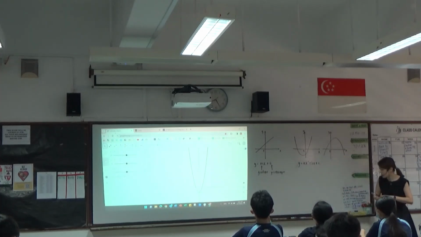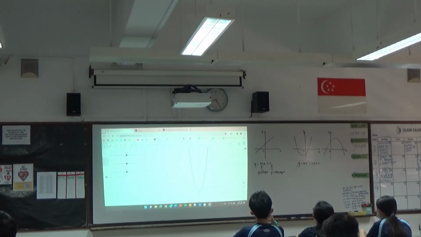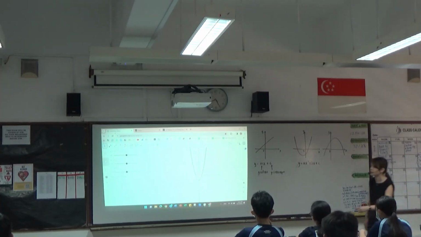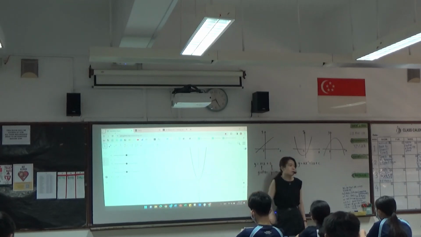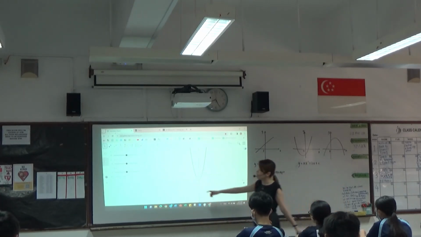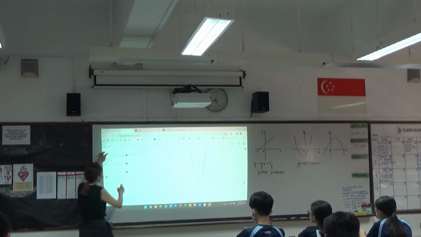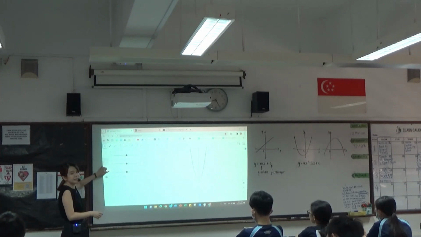So to show you the different shapes, I have generated over here a quadratic curve. The one I have plotted is of this equation, y equals 2.7x squared plus 0.2x plus 0.1. So I have different values of a, b, and c.